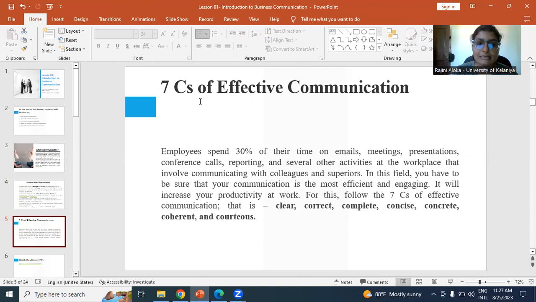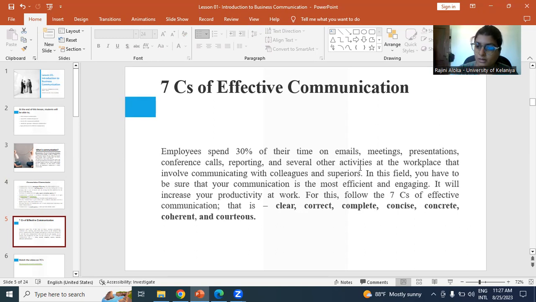There are 7 C's of effective communication, and we're going to learn what they are. Employees spend 30% of their time on emails, meetings, presentations, conference calls, reporting, and several other activities at the workplace that involve communicating with colleagues and superiors.